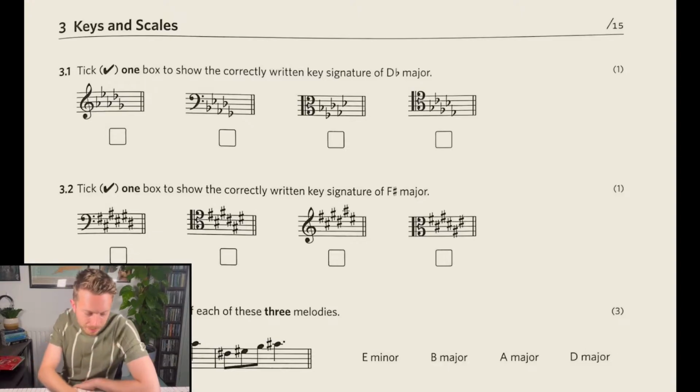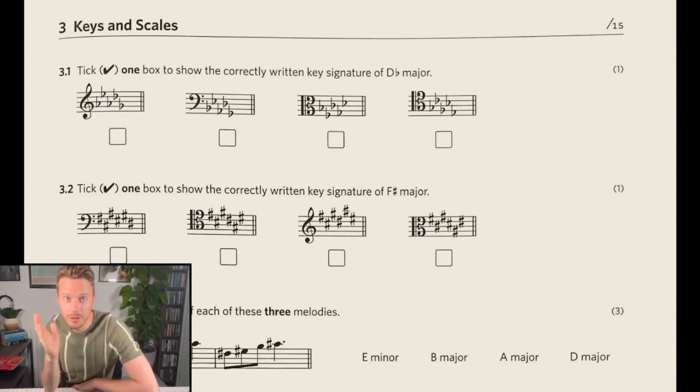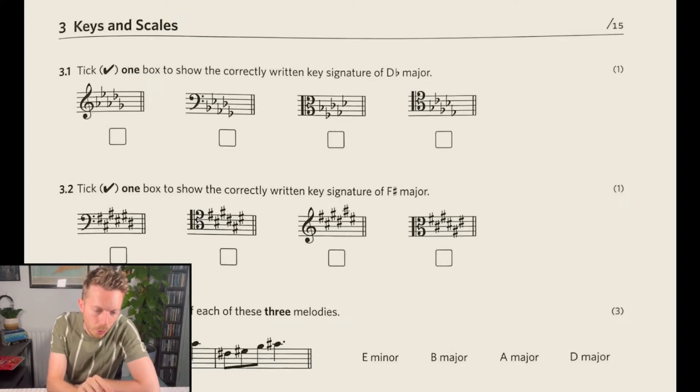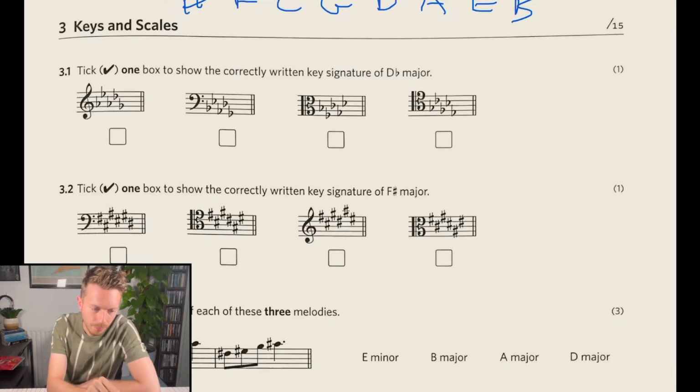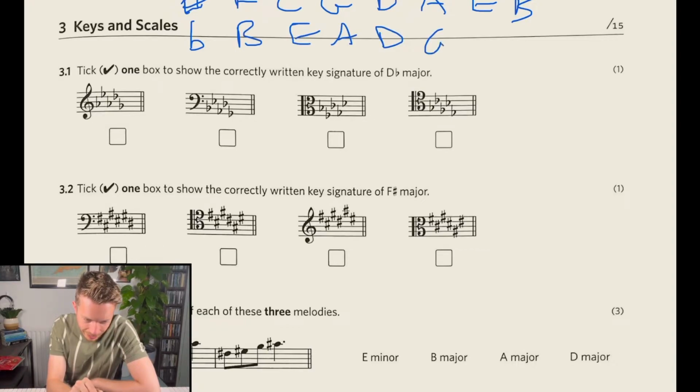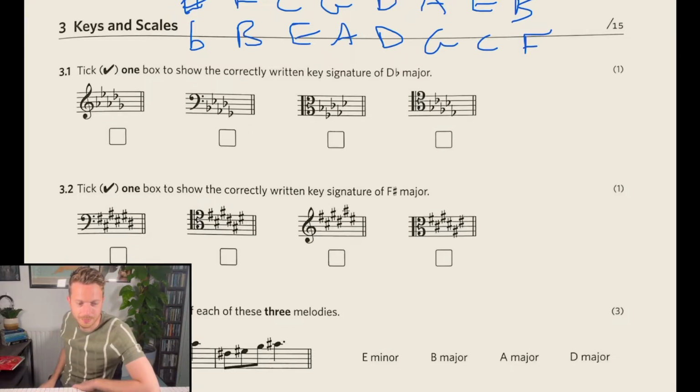So let me break it down. If you want to remember the order of sharps in a key signature, we have a little saying, which is a bit weird, but there we go: Father Christmas gives Dad an electric blanket. That's the sharps. The flats are blanket explodes and Dad gets cold feet.